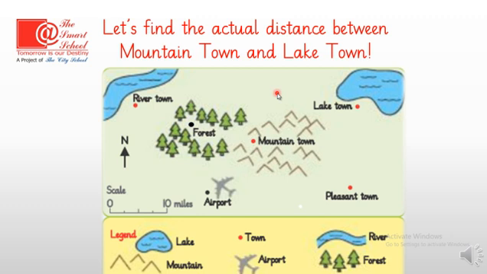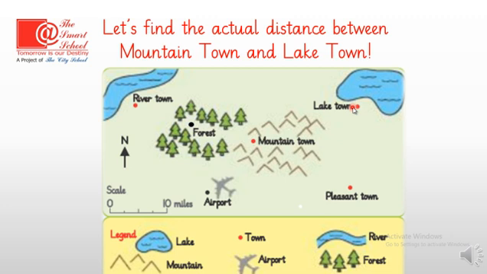Now we are going to practice the next feature of the map, that is the map scale. So where is the mountain town? This is the mountain town. And where is the lake town? It's here. Oh, they are just a few steps apart. This is a very small distance between these two points, isn't it?